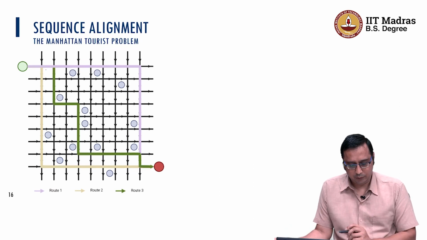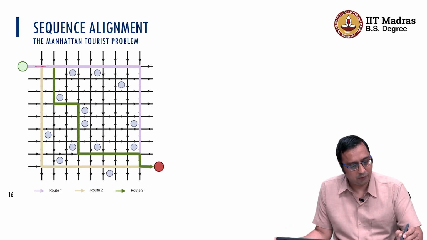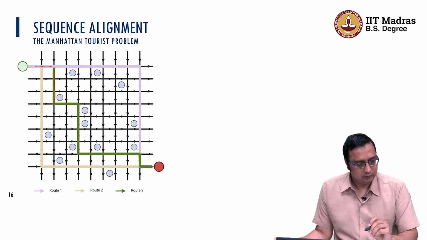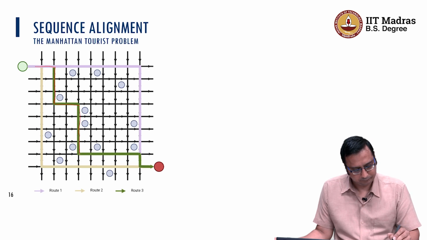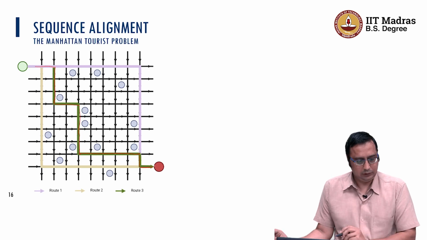So we'll go to route 3, which is a little bit more complex. I'll start here, I'll go here, here, here, here, here, and here.